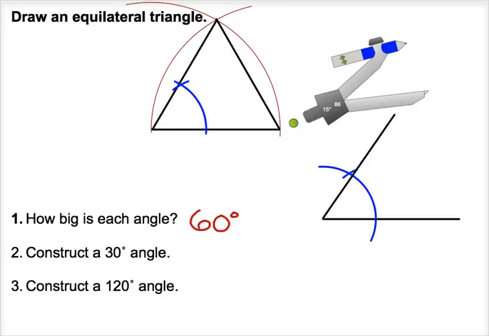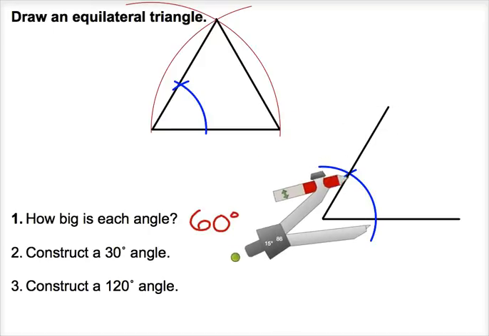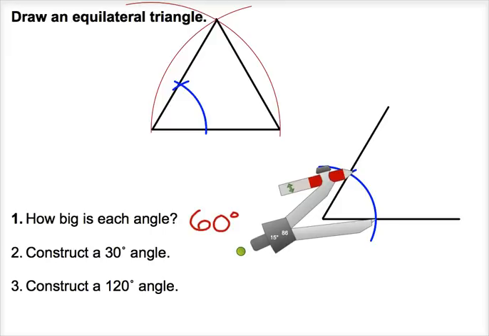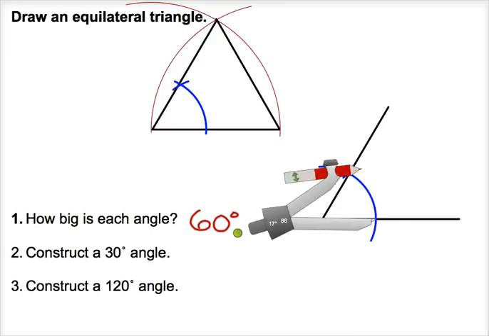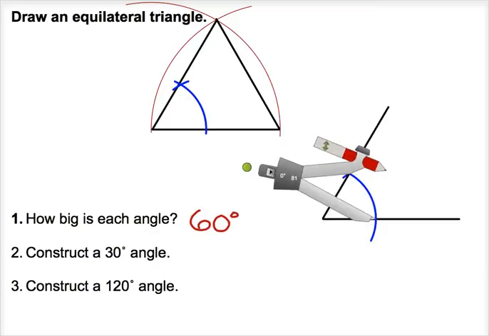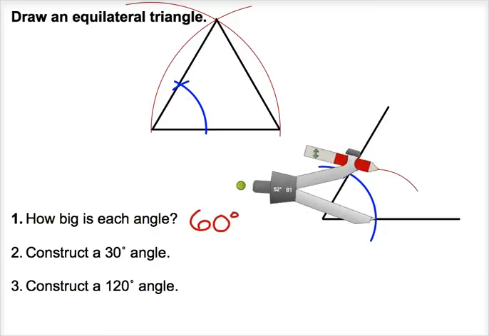And I just have to remember, how do I bisect a 60-degree angle? Well, the first step to bisecting an angle is to swing an arc across the angle, and I'm already going to use the arc that's there. Once I have that, I put the point of my compass at the intersection of the arc and the side of the angle, make sure I have my compass opened up more than halfway across, and swing an arc out here in the middle.